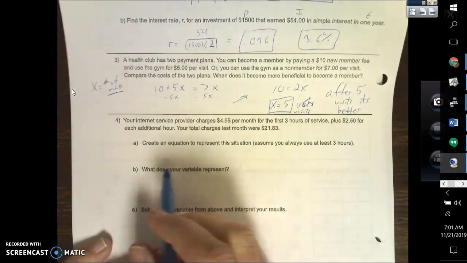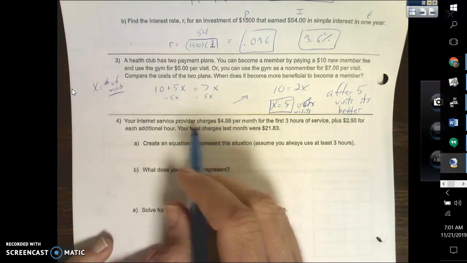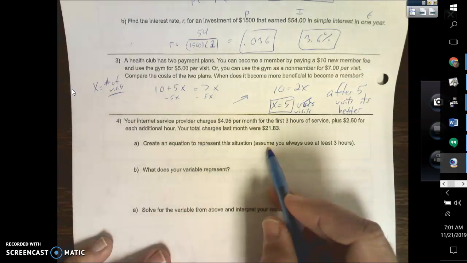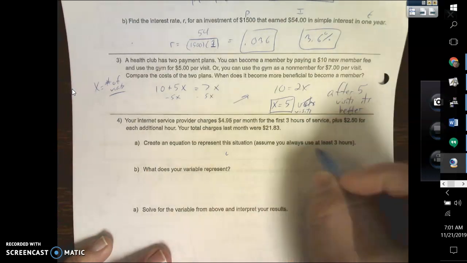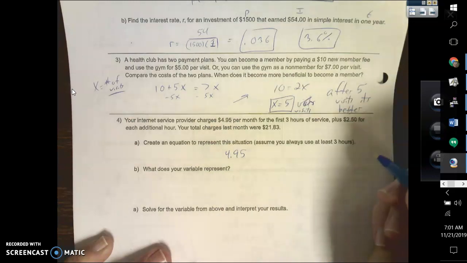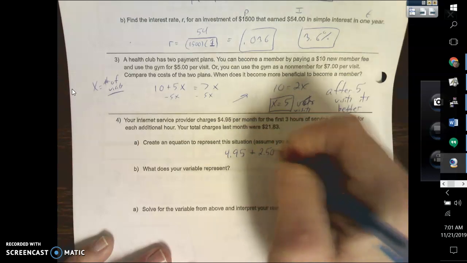Last one then. Your internet service provider charges $4.95 per month for the first 3 hours of service, plus $2.50 for each additional hour. Your total charges last month were $21.83. Create an equation that represents the situation. So no matter what, assume you already had 3 hours. It's $4.95 for the first 3 hours, plus $2.50 for each additional hour.